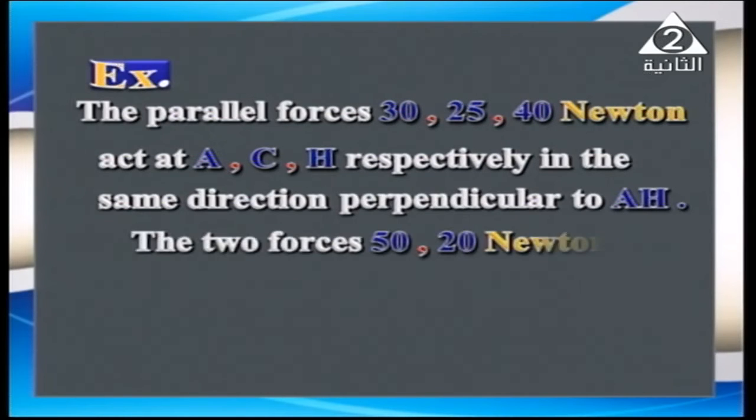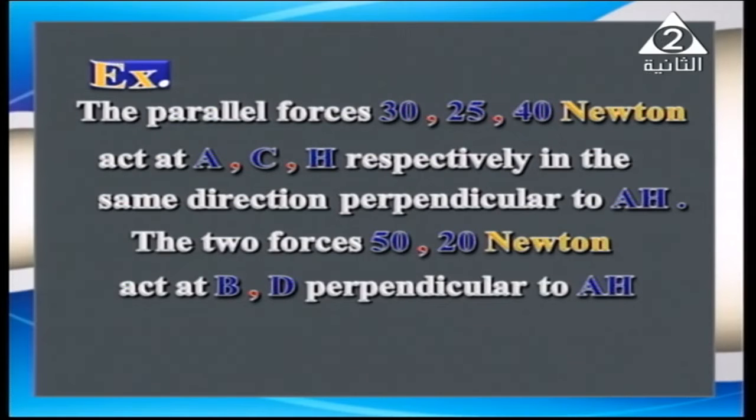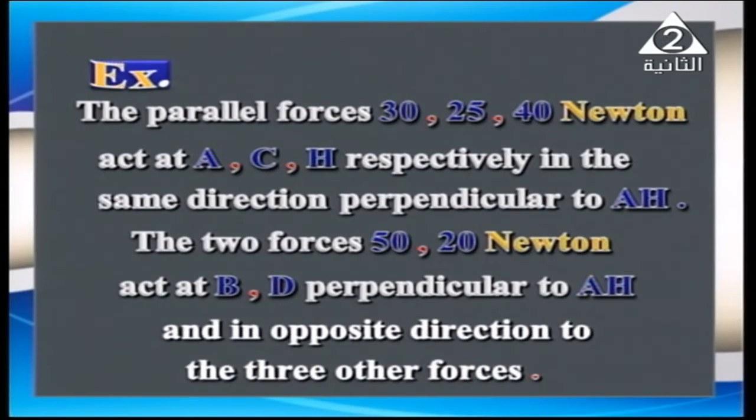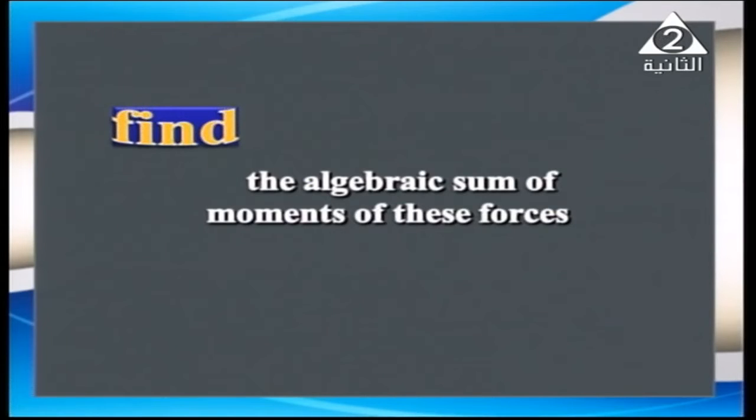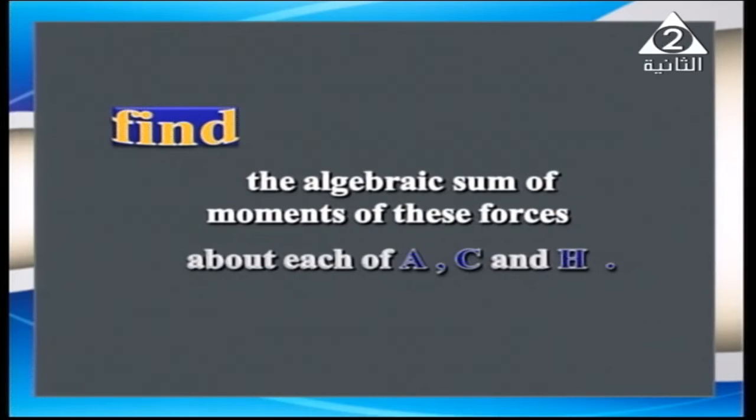The two forces 50 and 20 Newton act at B and D perpendicular to AH and in the opposite direction to the three other forces. What is required? Find the algebraic sum of moments of these forces about each of A, C, and H. Solution.